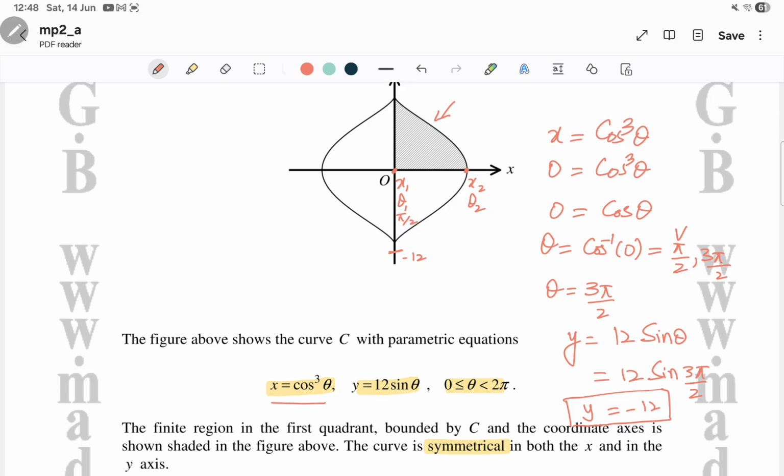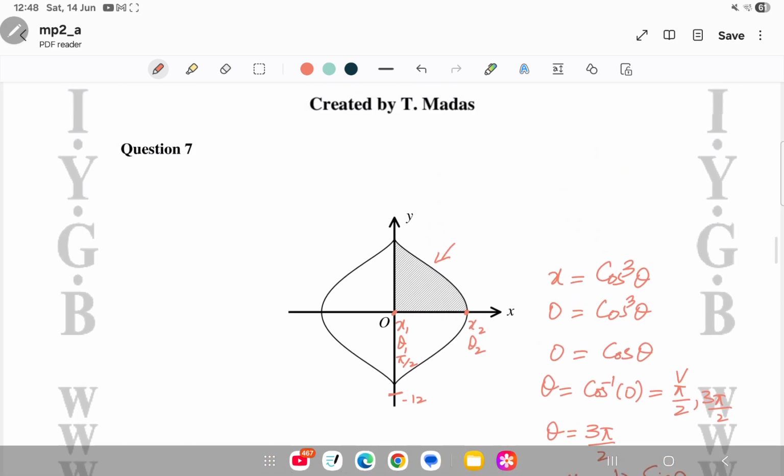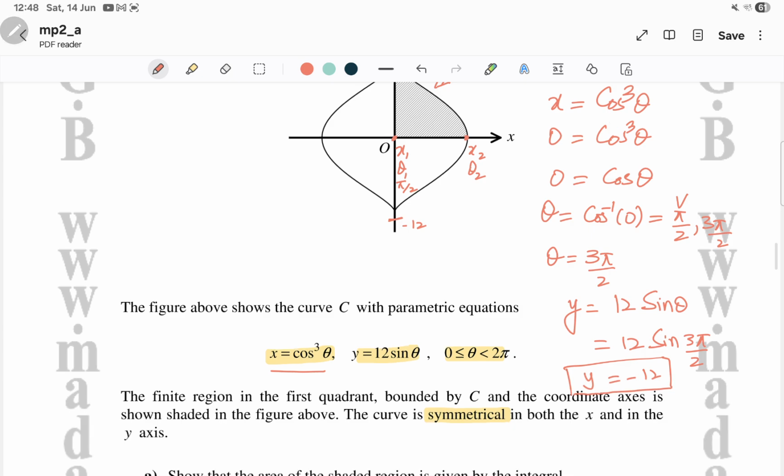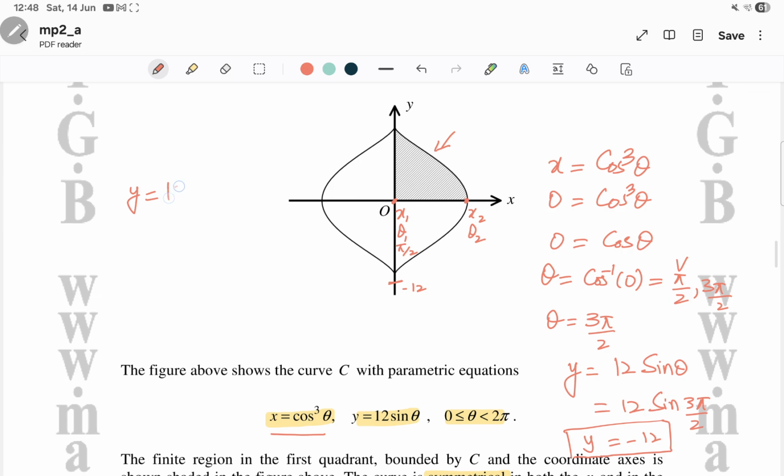Now for theta 2, if you put y equals to 0, we have y equals 12 times sine theta, so 12 sine theta equals 0. Dividing by 12 on both sides, sine theta equals 0, and theta will be sine inverse of 0, which is 0 and pi in this domain 0 to 2 pi.